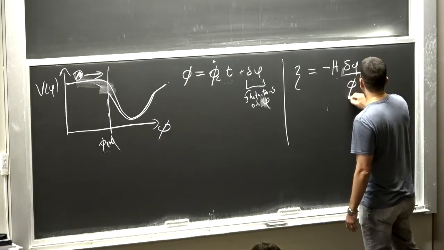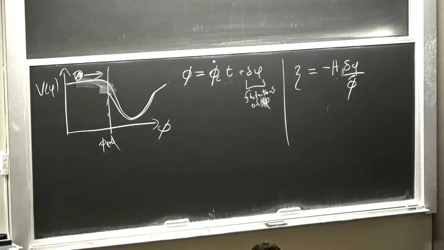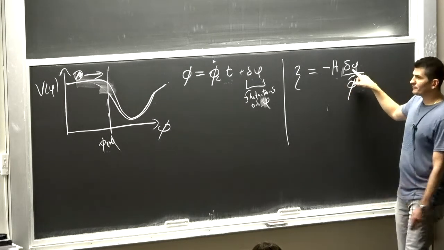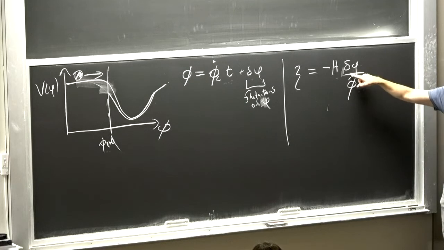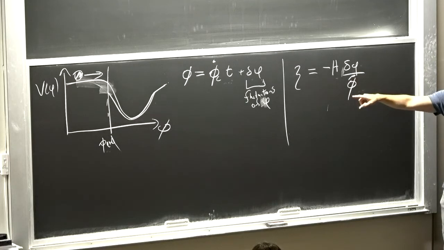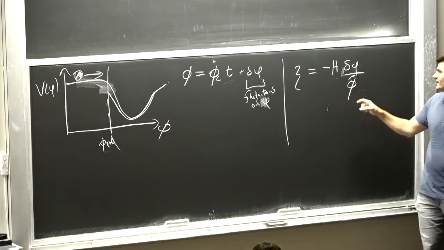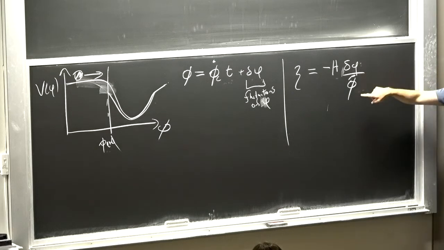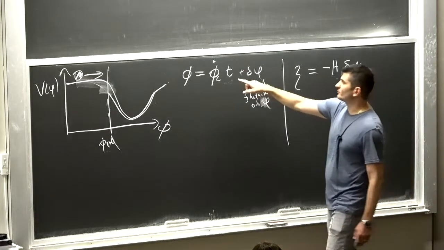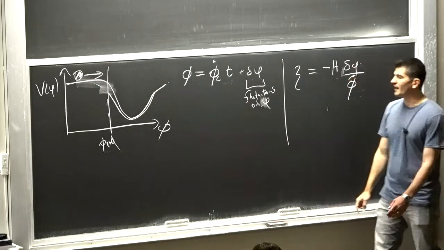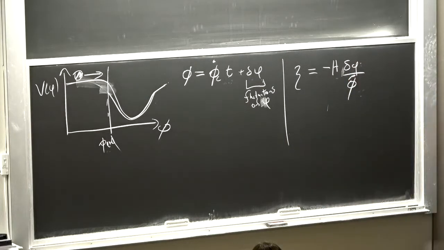The thing that has the right units to be a time is the fluctuation in phi divided by the speed at which it's rolling. So the faster it's rolling, the smaller the fluctuations in phi change the amount of inflation. Because let's say this thing is fixed, then making it roll faster means the relationship between time and phi is decreasing. There's a 1 over phi dot in the relationship between time and phi. Yep.